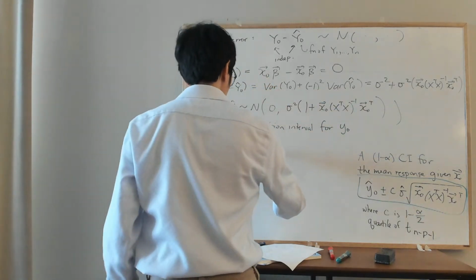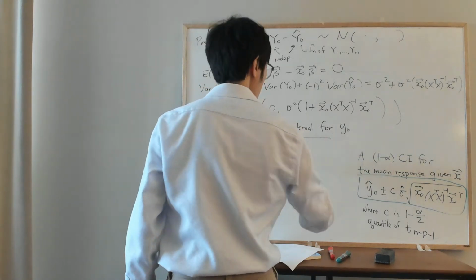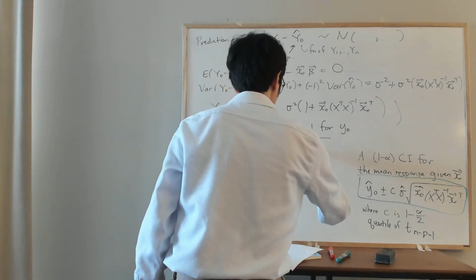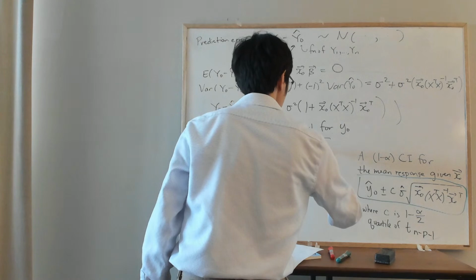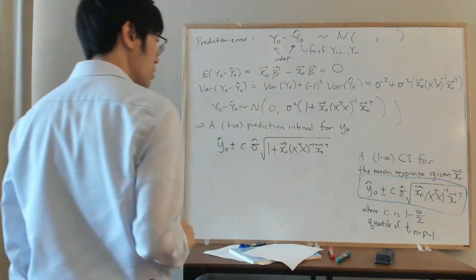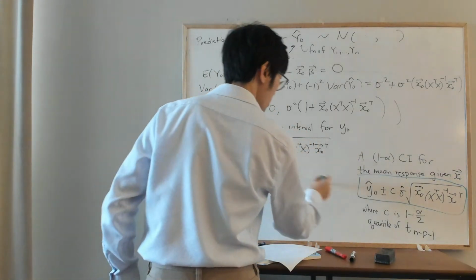So we have sigma hat times the root of 1 plus, and then everything else that we saw already. And then same C, so I don't need to redefine C, it's the same one.